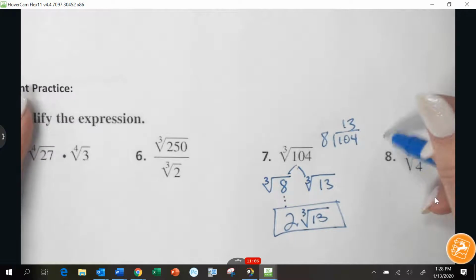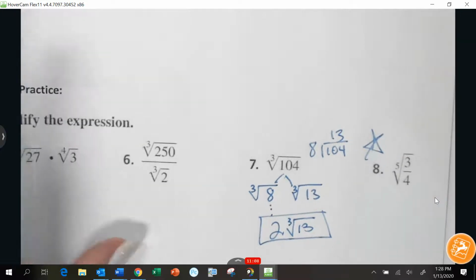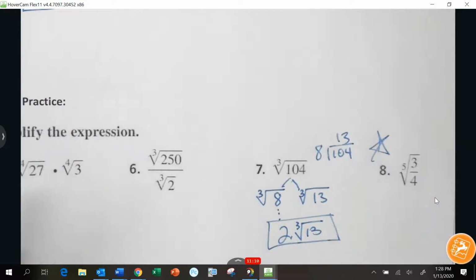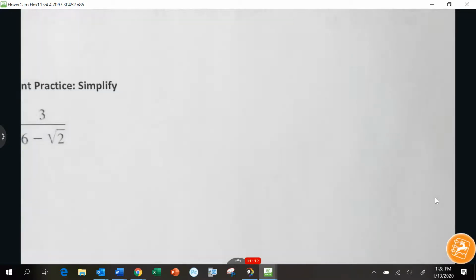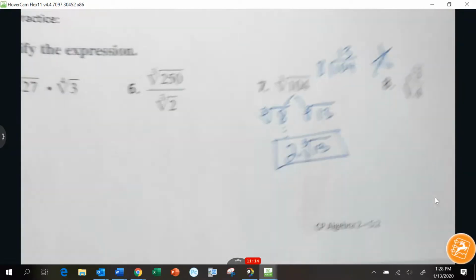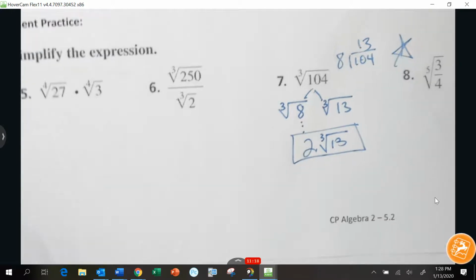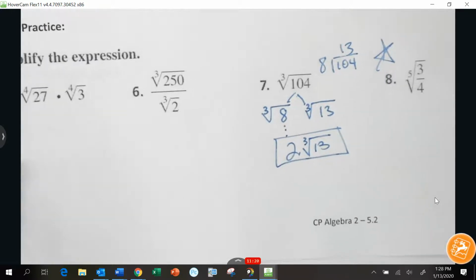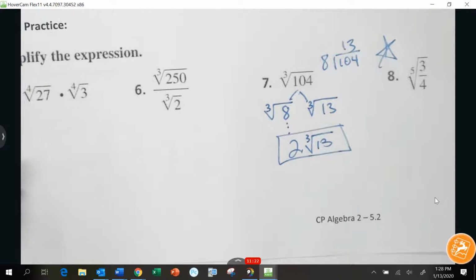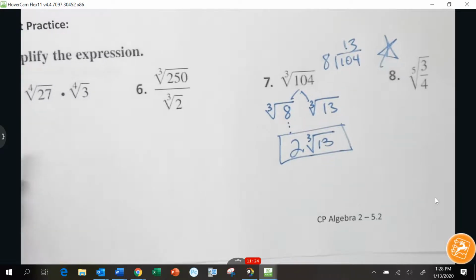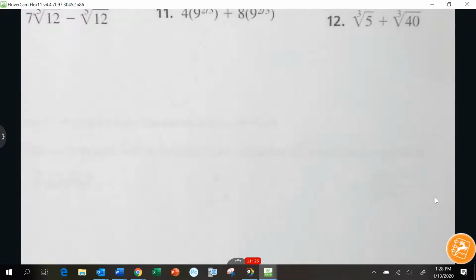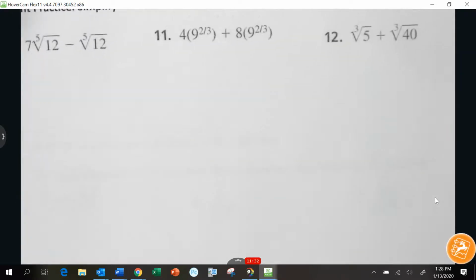And then number 8 we have to save for tomorrow. So I'm not going to spend time to do that one today. Okay, so what I'm doing today is things that I feel like we can easily get through without teaching you a ton in one day.